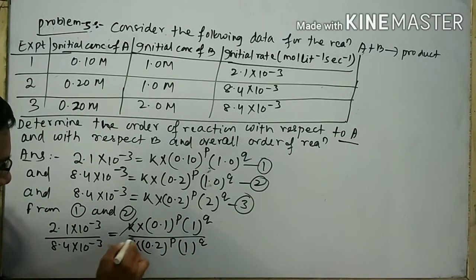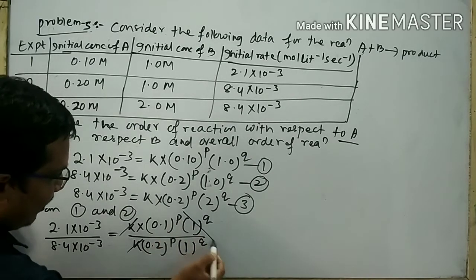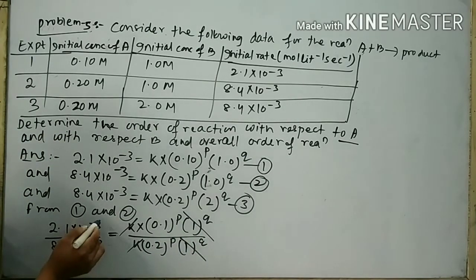Now cancel K. Next cancel this term. Again cancel 10 to the minus 3, 10 to the minus 3.